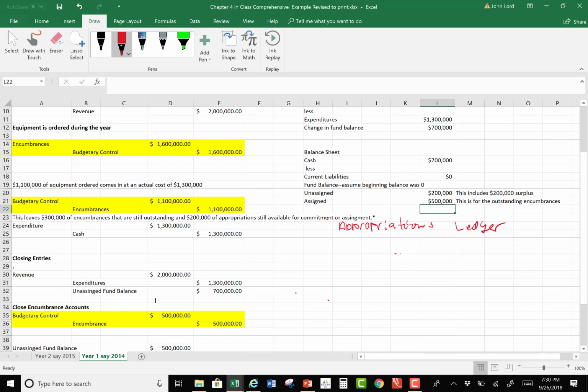Okay, and in my appropriations ledger, I'll have my appropriations column. My appropriations are credits, aren't they? Right? I'll have my encumbrance column.